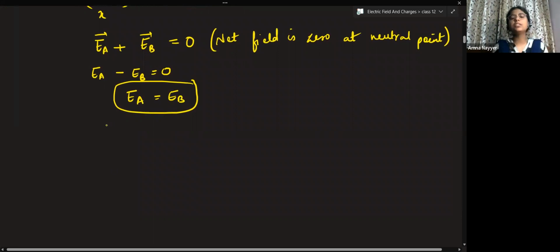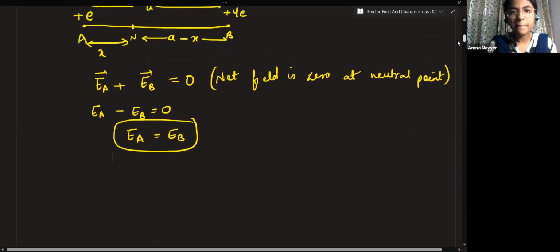All right. Now we just have to put in the values of EA and EB. See, regarding EA, EA is what? This is 1 by 4 pi epsilon naught charge.